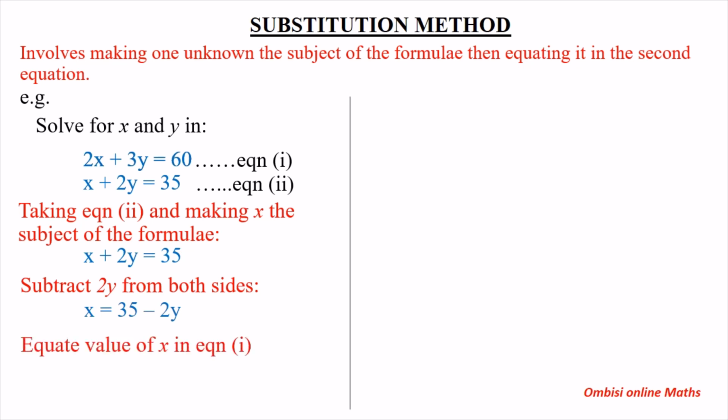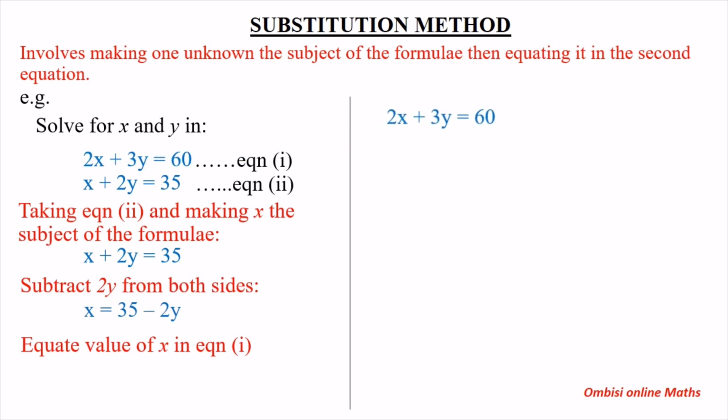So this value of x, we are going to substitute it in equation 1. So you have to note that we used equation 2 to make x the subject of the formula, so we cannot return the value of x back to equation 2. We return it to the second equation, which is equation 1. So you substitute the value of x in equation 1.